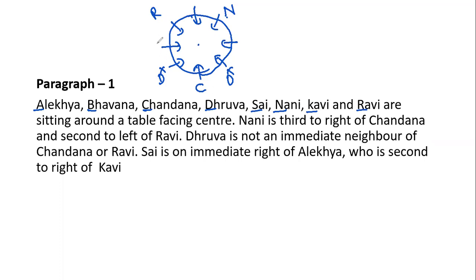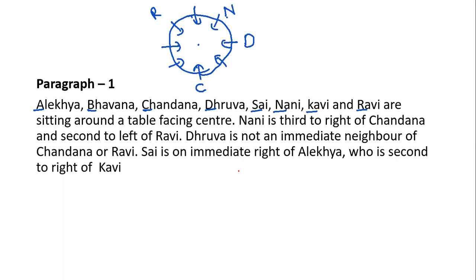So here also it is the same. For Chandana, he is not a neighbor, and for Ravi also he is not a neighbor. Then what is the place left over for Dhruva? This is the place. So Dhruva should not be on either the right hand side of Ravi or the left hand side of Ravi.